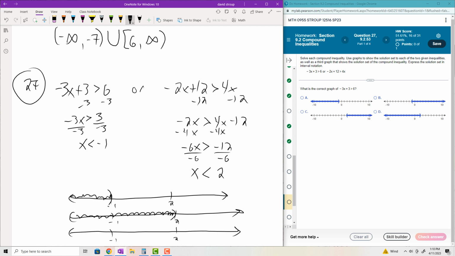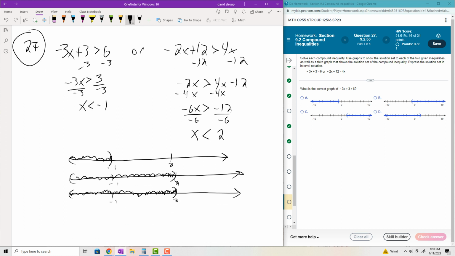So it looks like it's going to be everything less than 2, right? So from the second number line, you get everything less than 2, and then also less than negative 1, but that's in the set everything less than 2. So it's just the set from negative infinity to 2, kind of the shadow of the sun in that case, right? The only hole is to the right of 2.